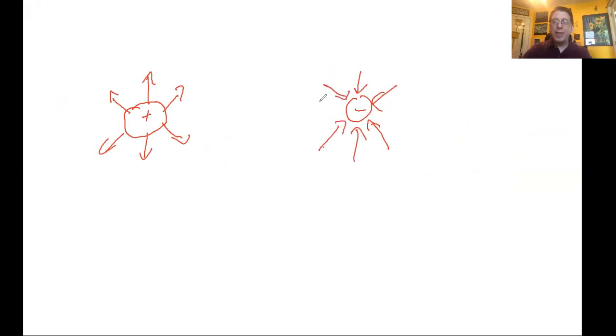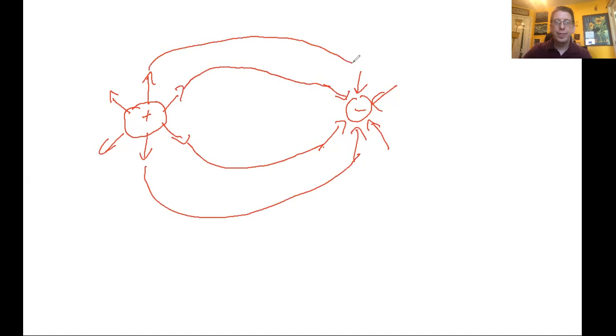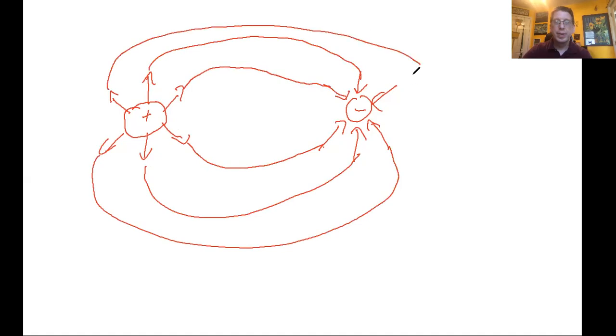Now, let's say you have a positive and negative charge together. What happens is you will wind up connecting the field lines. And so it looks something like this. You have the lines coming out of the positive and into the negative.